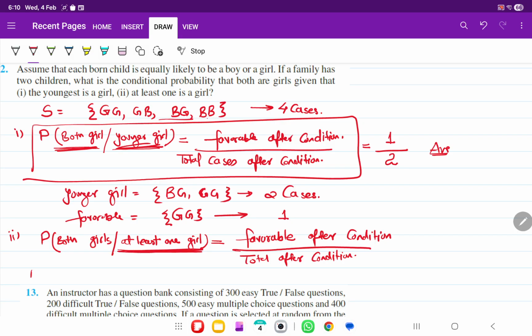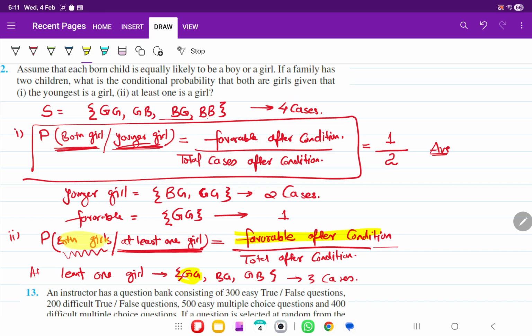See, at least one girl may be both girls, right? Boy girl or maybe girl boy. At least one girl means one girl or 2 girls, so total 3 cases are favorable. Out of that, the only favorable case where both are girls is 1 case, right? They are saying favorable case, so what is favorable?